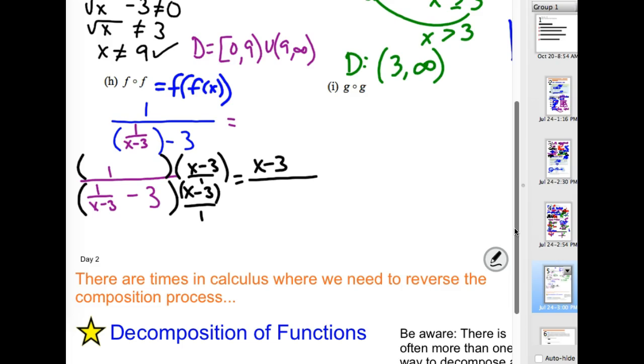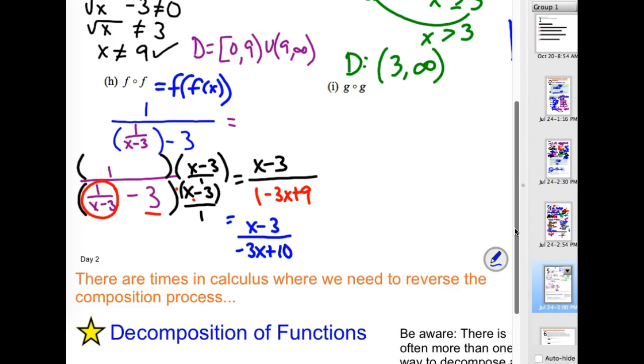Here we're taking this times x minus 3, which is going to cancel out and just leave us a 1. And then we're taking negative 3 times x minus 3, which gets us negative 3x plus 9. So it simplifies down to x minus 3 over negative 3x plus 10.